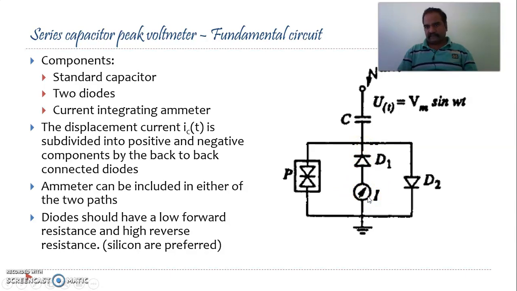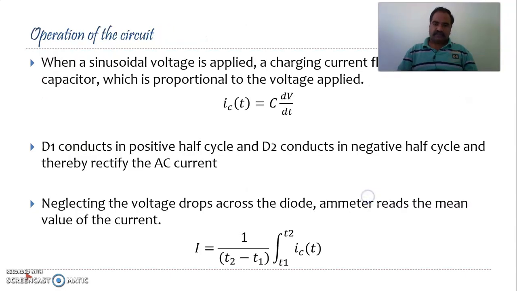Assuming that this ammeter is measuring the average value of the current, we will look at the operation of this circuit. When a sinusoidal voltage is applied, the current through the capacitor is given by IC = C dV/dt. Both diodes are working in opposite cycles.